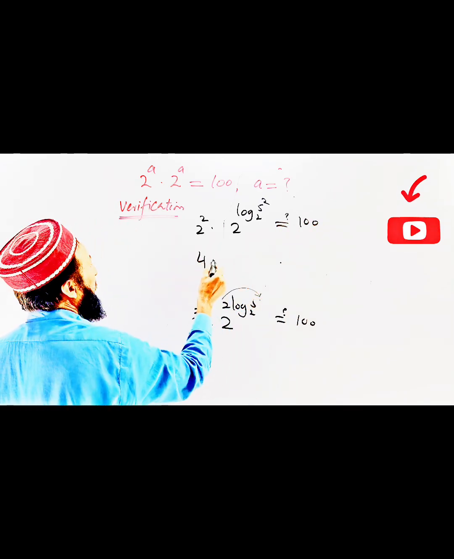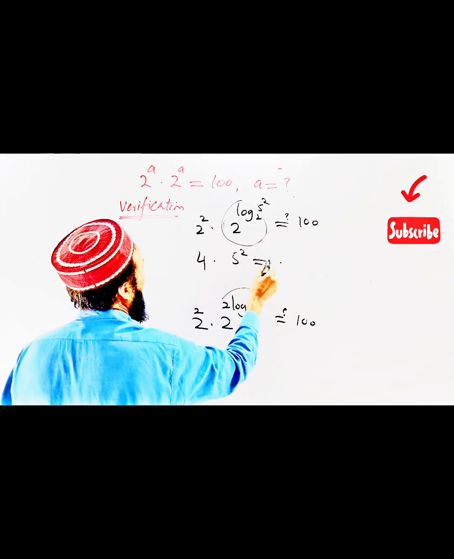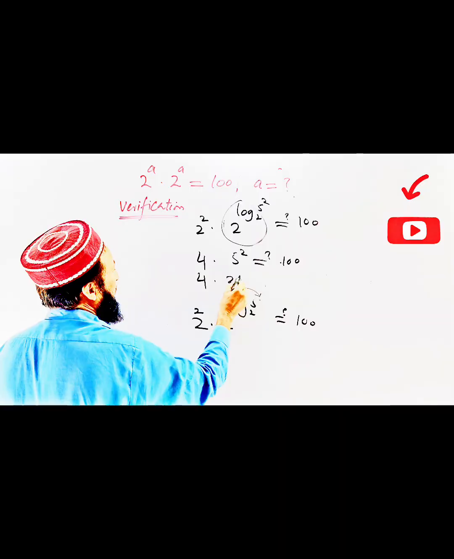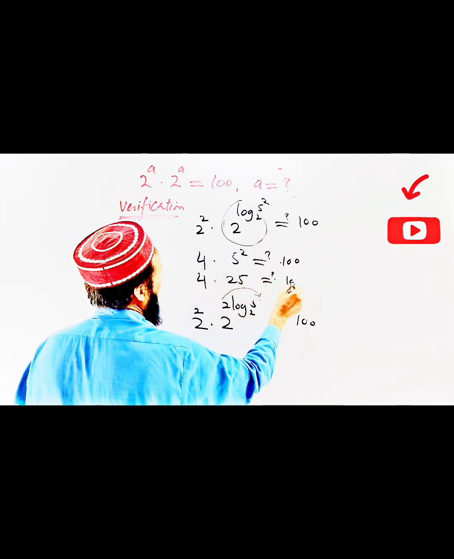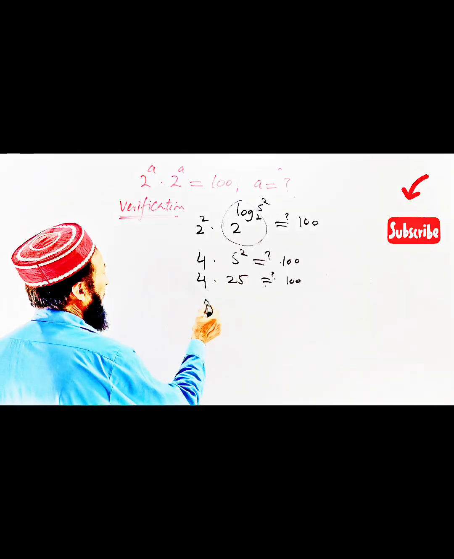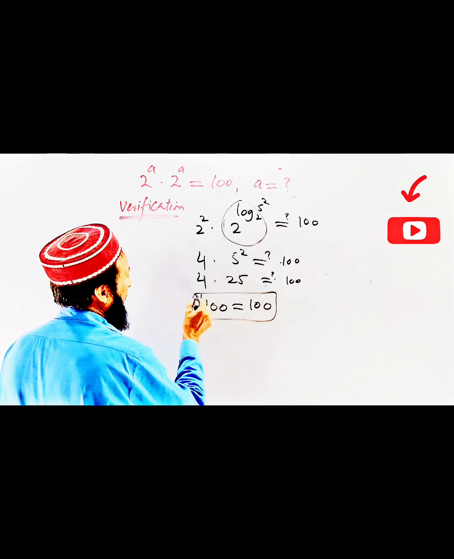So here we get 4 and this will be equal to 1, and 5 square is remaining, so 5 square we get 25. 4 times 25, if we multiply both terms, we get 100 is equal to 100. Both results are the same.